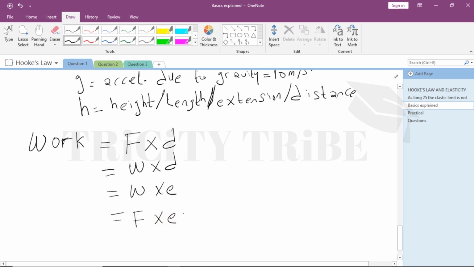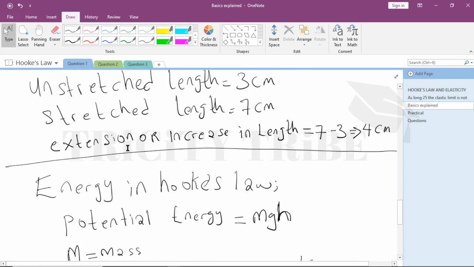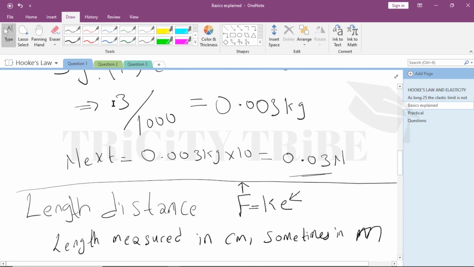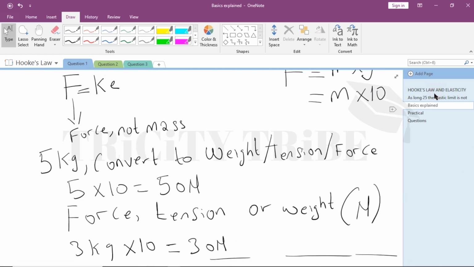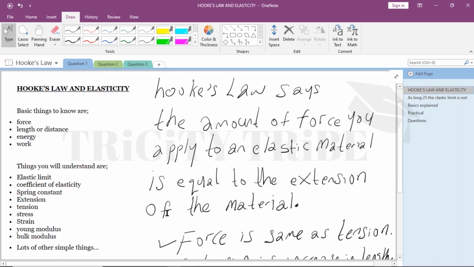Alright. So there are other formulas I will bring in as well. But right now, we have to stop. I just wanted to teach you the basics for you to catch up as quickly as possible if you don't understand all this. Okay, now let me explain what elastic limit is.